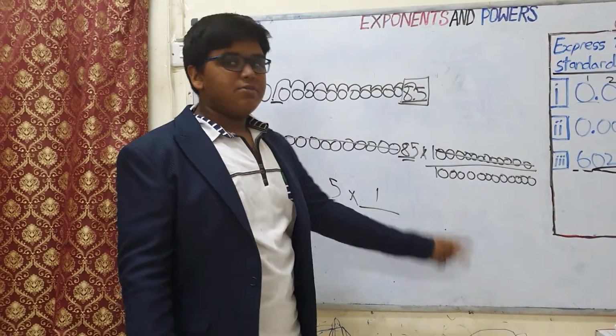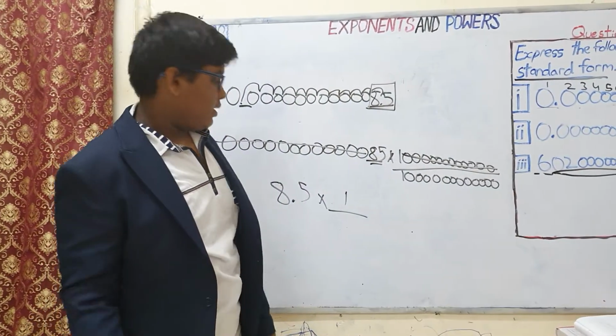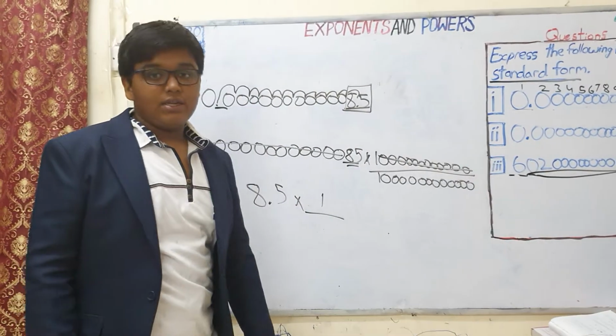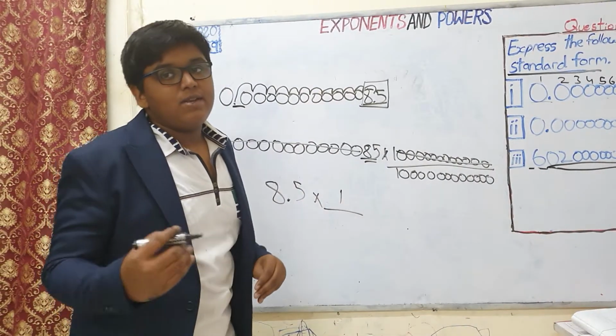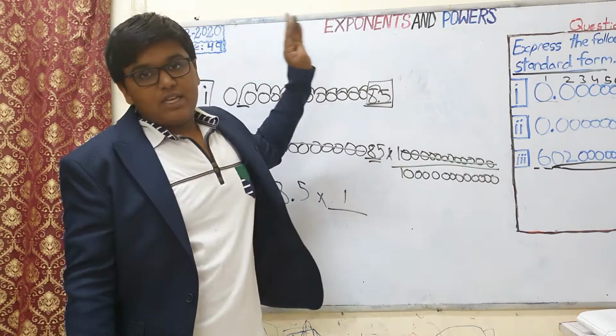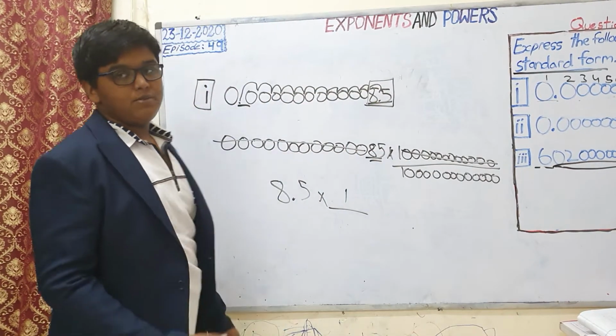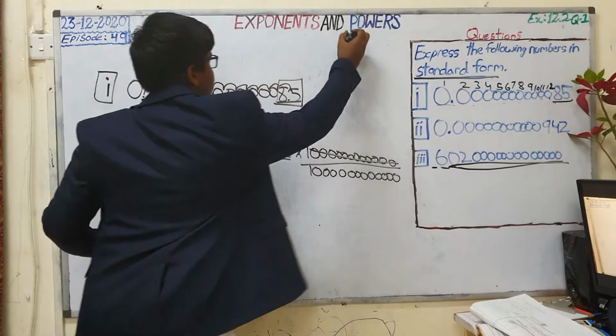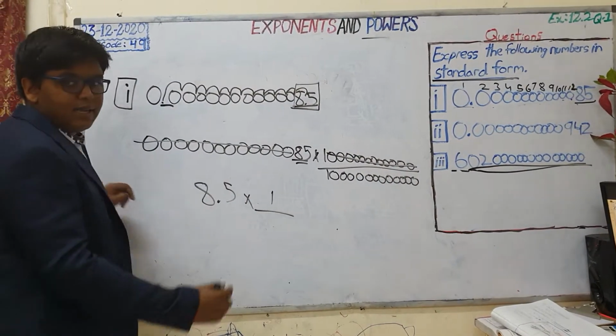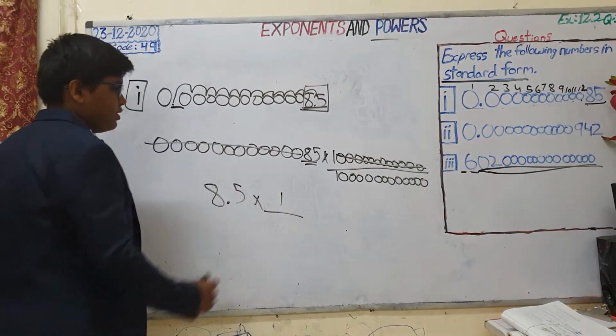It's a huge number, and if we write it in the same form, it will be a little bit difficult. That's why we use exponents and powers for writing all these huge numbers in short form. Then take the power. Now 1 0 0 0.